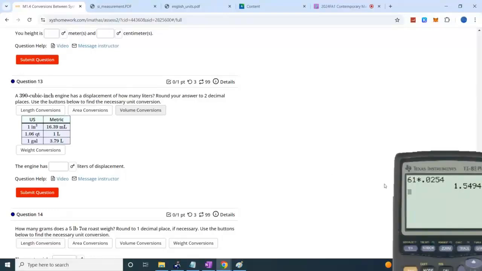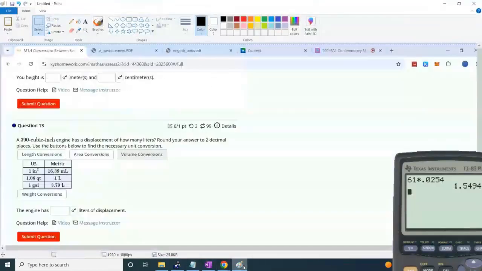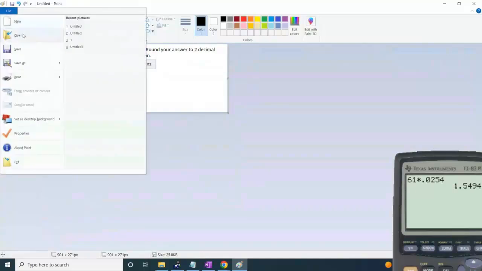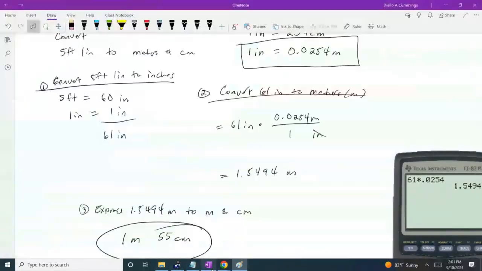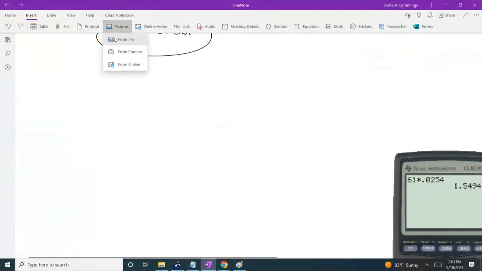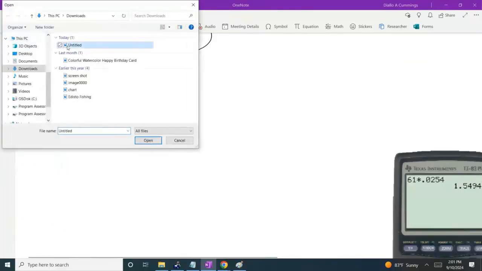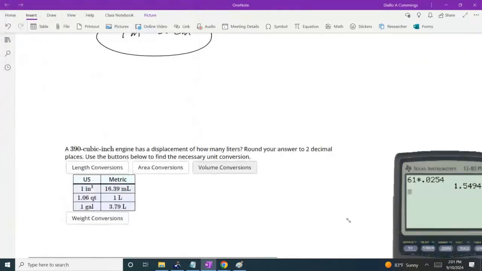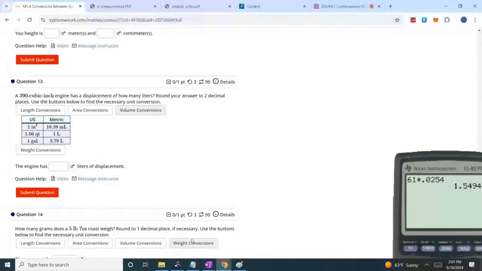So let me just copy this over so I can write on it. This was number 13.